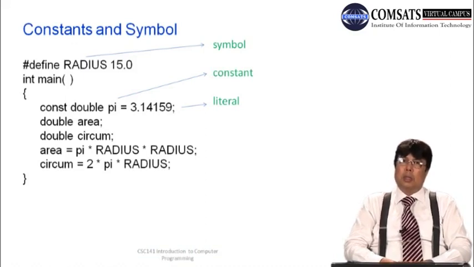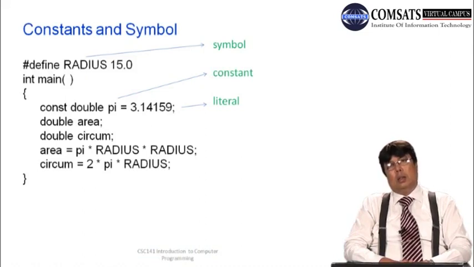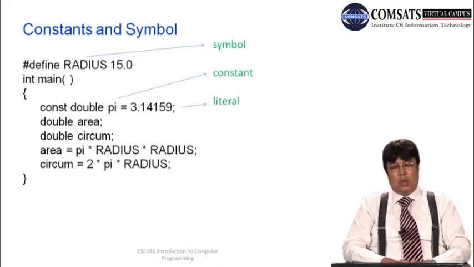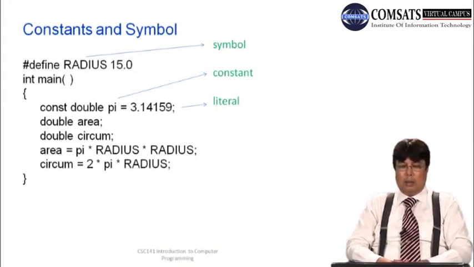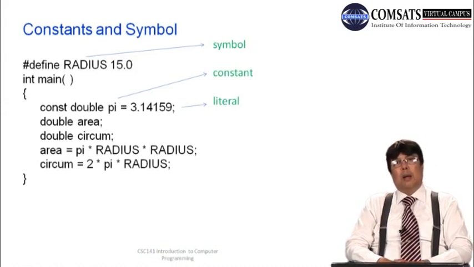The answer is very simple. We are using it to make the program more readable. When someone reads your source code, they will quickly know that you are using 15.0 as a radius and computing the circumference by the formula 2 pi r and the area by pi r square. So it makes the program more readable.